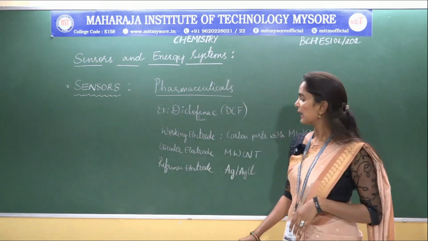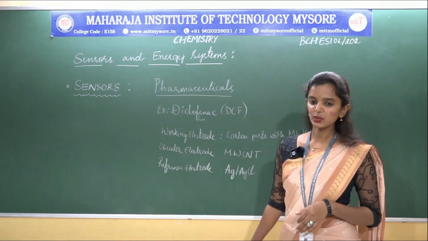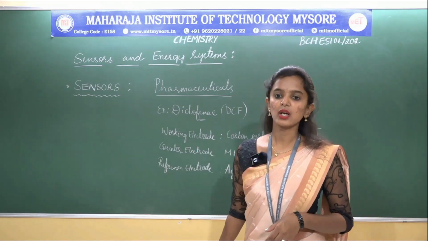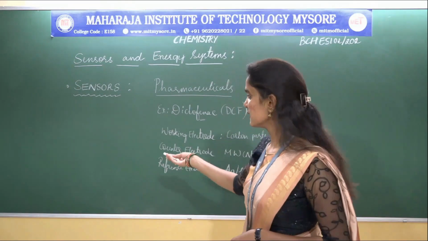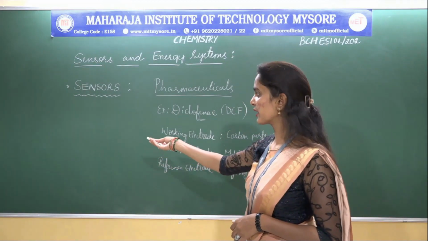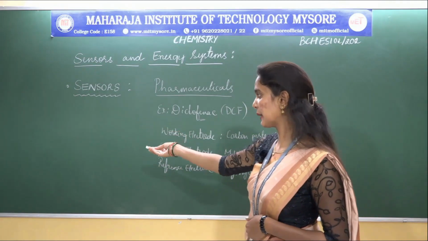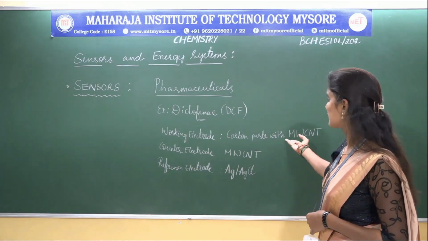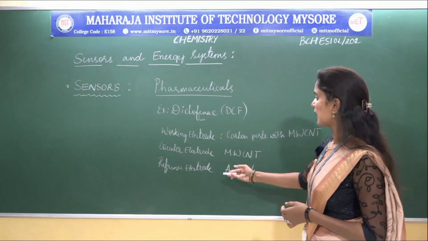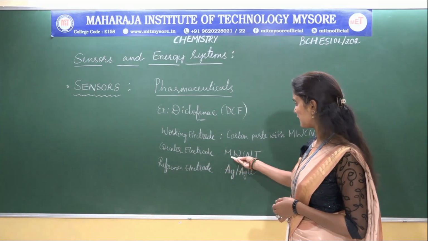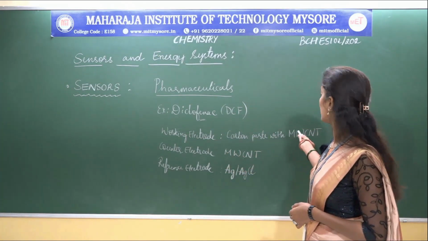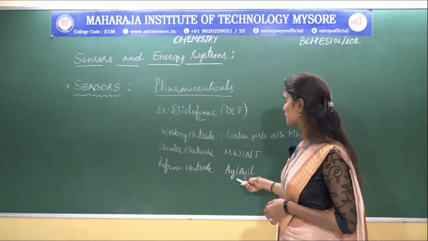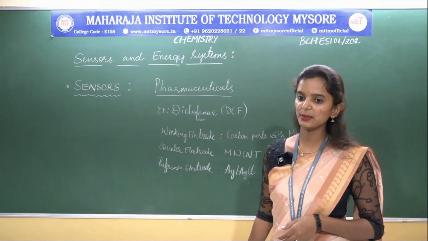So in the working of the electrochemical sensor in the detection of diclofenac, we have this type of electrode system. The three-electrode system is depicted in the diagram, where the working electrode is made of carbon paste with MWCNT, the counter electrode is made of multi-walled carbon nanotubes, and the reference electrode consists of Ag/AgCl.